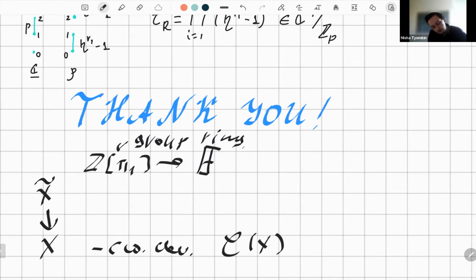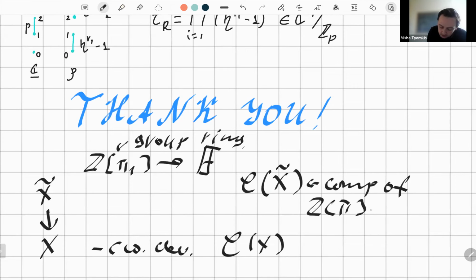Then you might want to lift all the cells up to the universal cover and get the corresponding complex of X tilde, but this is now not a complex of Z modules, but a complex of Z[pi] modules, as opposed to this one, which is a complex of just free Z modules.